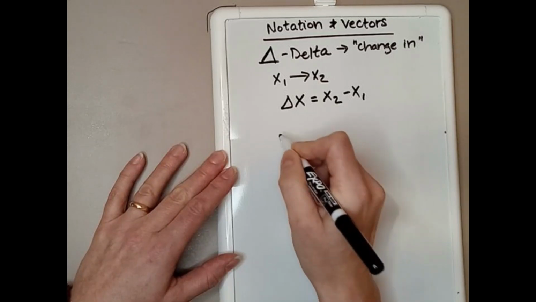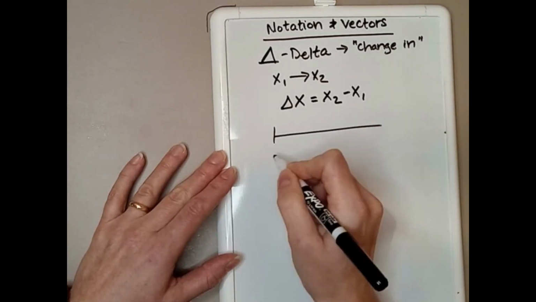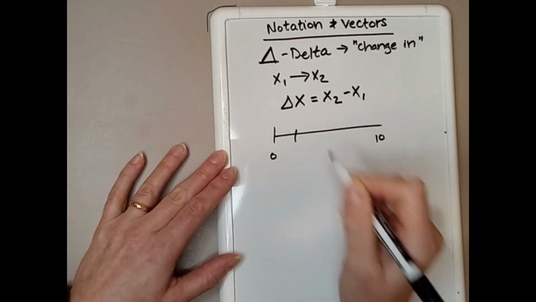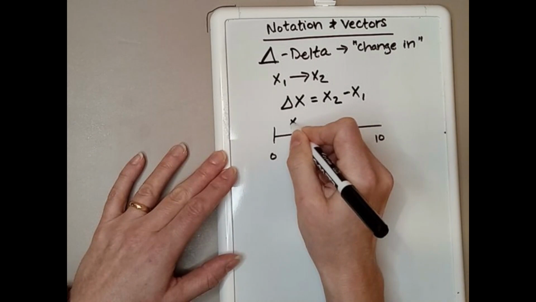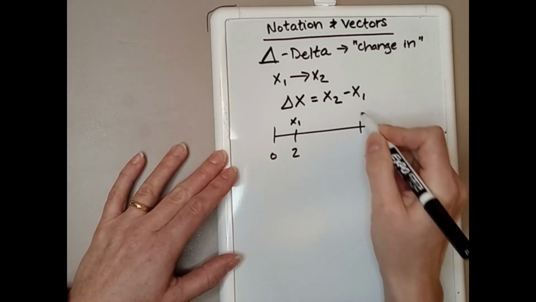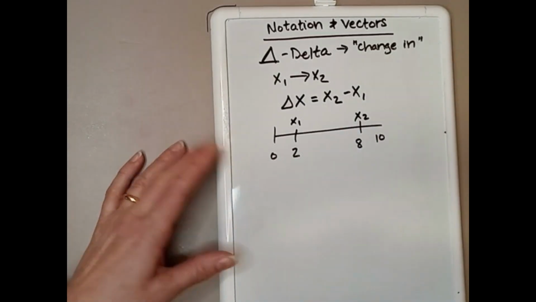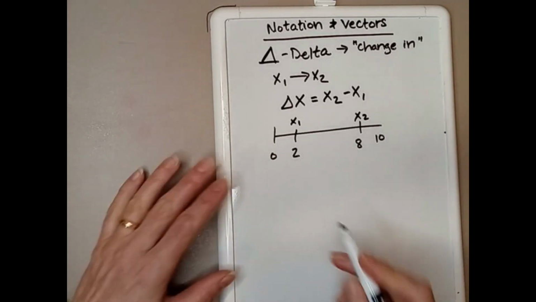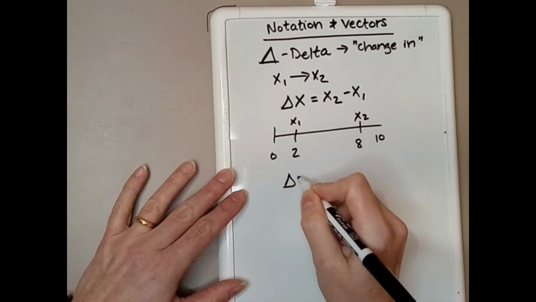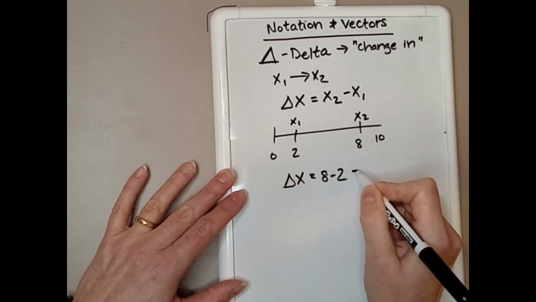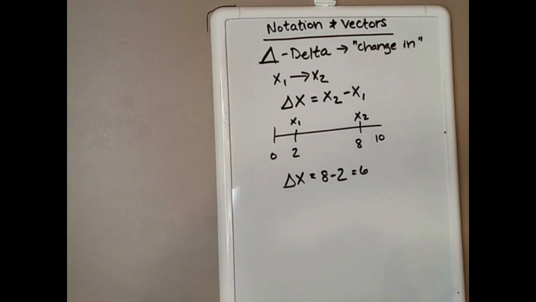So if you're on, just say your standard number line, from say 0 to 10, if your x1 is say position 2, and you move along to position x2, which is at say 8, whatever your units, 8 kilometers, 8 spaces, 8 blocks, whatever you want to call them, you would say here that your delta x, or your change in position, is 8 minus 2, or 6, whatever your units are, miles, blocks, squares, spaces.